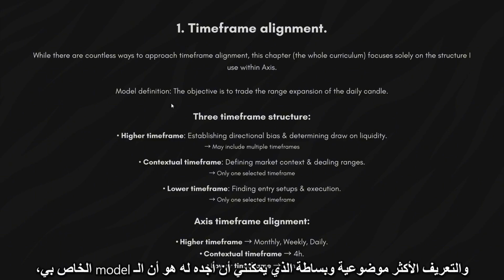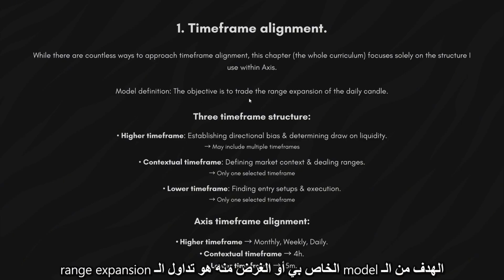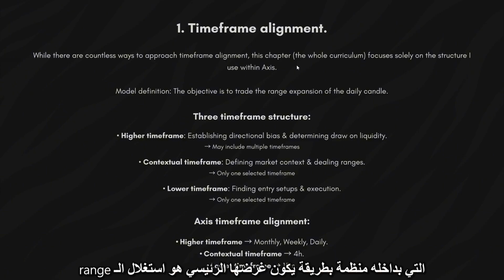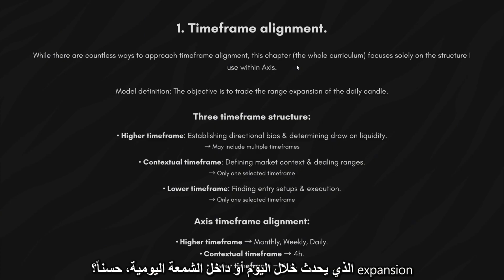And the most objective and simplistic definition I could find for it is that the objective, or the purpose, of my model is to trade the range expansion of the daily candle, meaning the time frames within it are structured in a way that its main purpose is to exploit the range expansion that occurs within a day or within the daily candle, right?